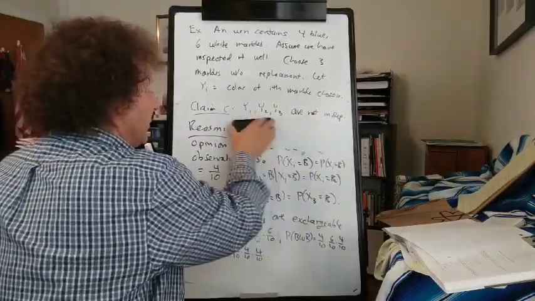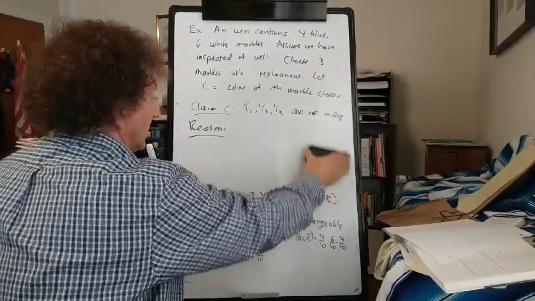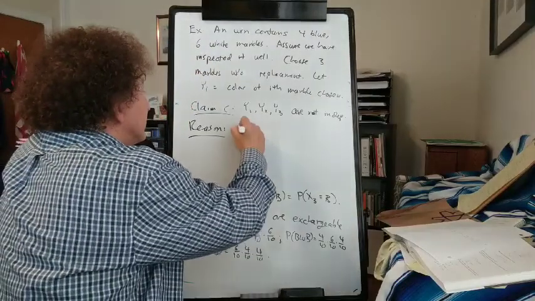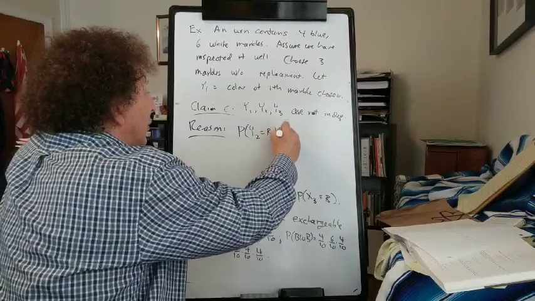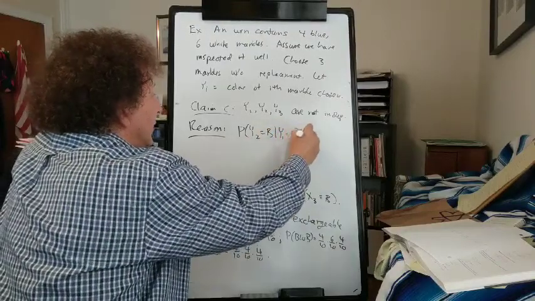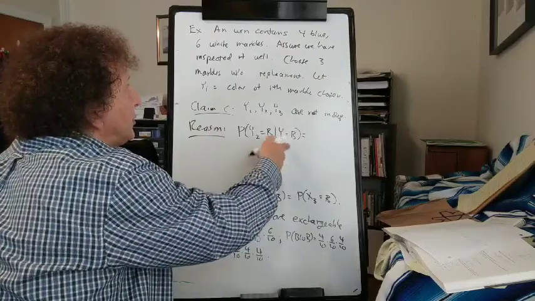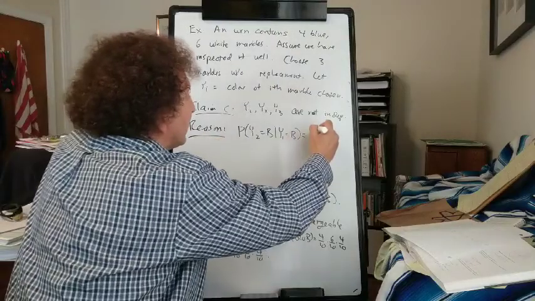To see this, we'll just compute a couple of conditional probabilities. The probability that y2 is blue given that y1 is blue is, so if we're not replacing, y1 is blue, we've taken one blue out of the urn, we have 3 blue left out of 9 marbles left.